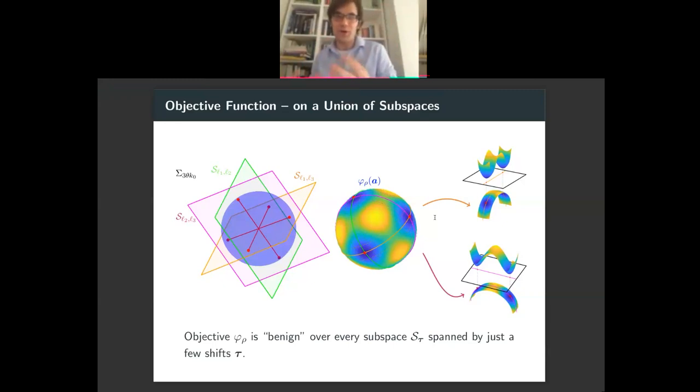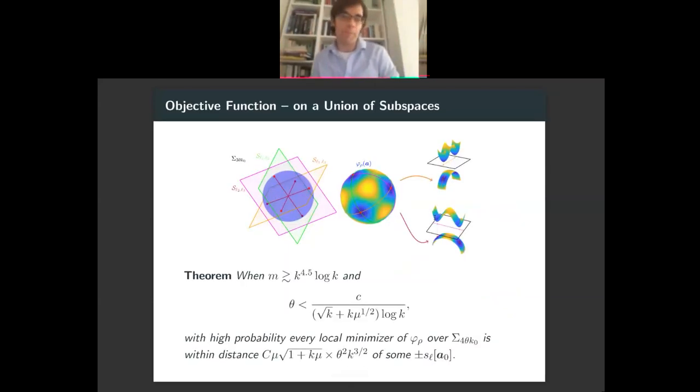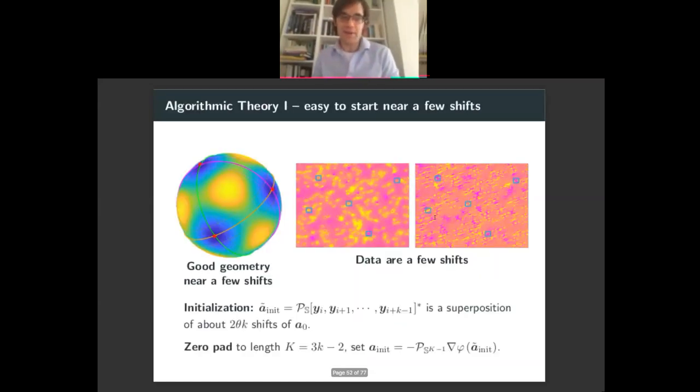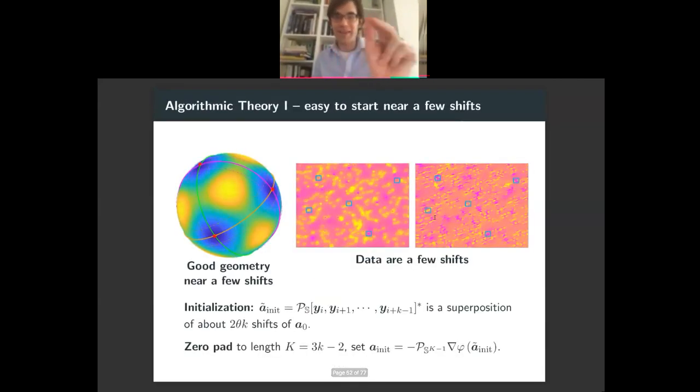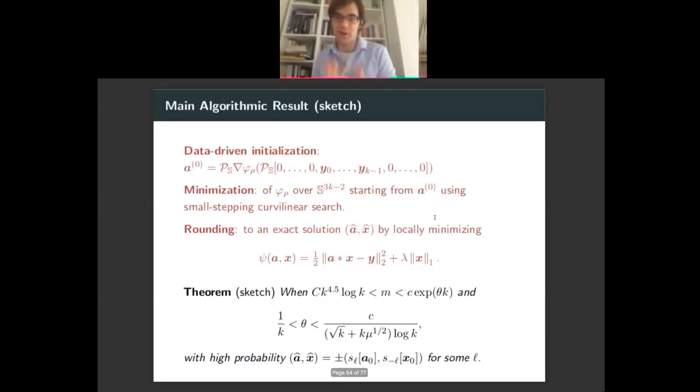And so you sort of get an analysis that's around a union of subspaces, again, corresponding to these different shifts of the truth. What you can prove is that with high probability on this set, the geometry is nice. And based on that, you can provably recover those ground truth motifs. So, finally you get to a guaranteed method.